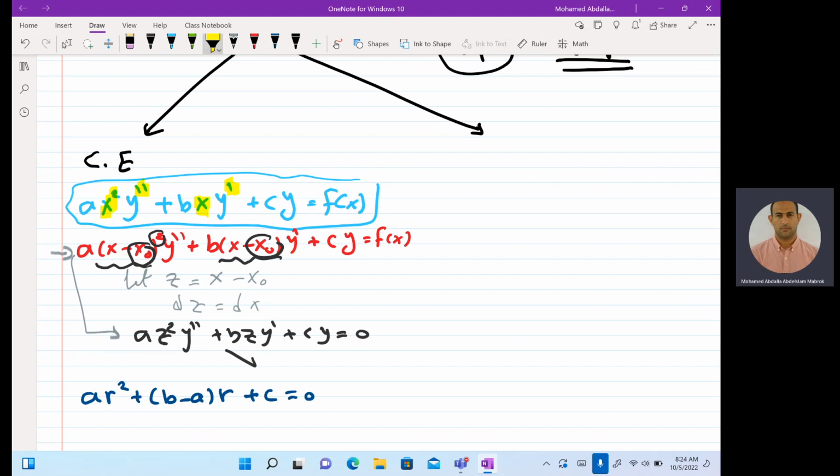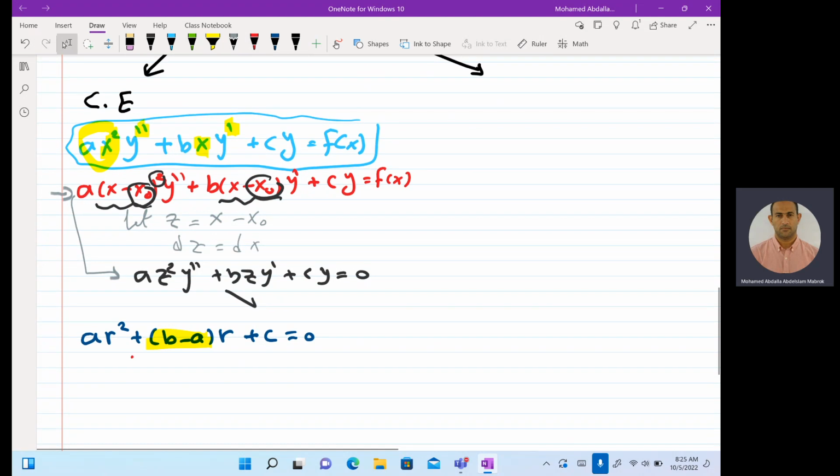So the first difference that we can see is that part, right? That's the characteristic equation if you have a Cauchy-Euler equation. Okay, and then we solve for R1 and R2.